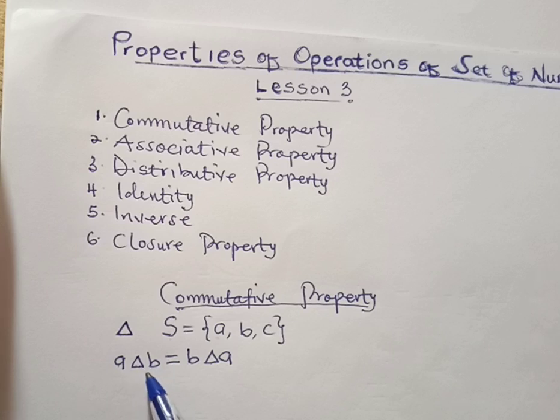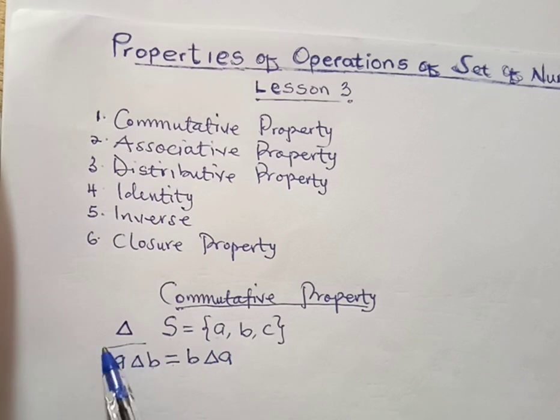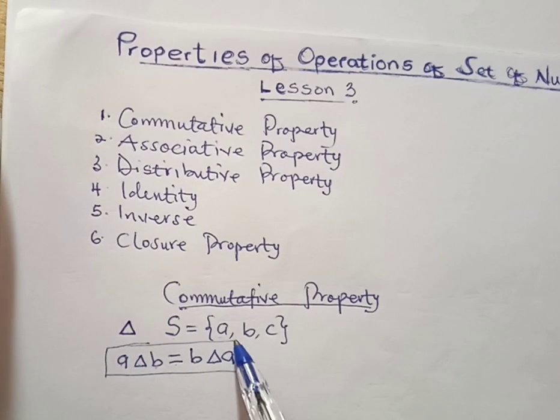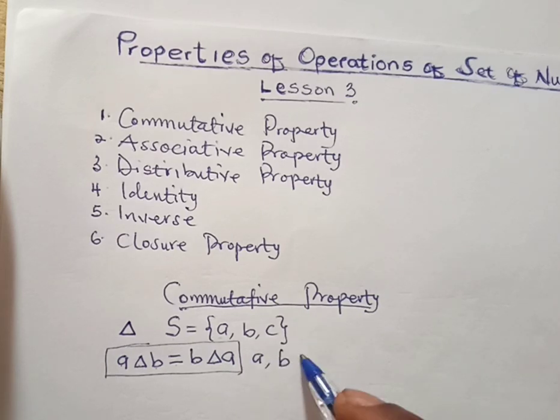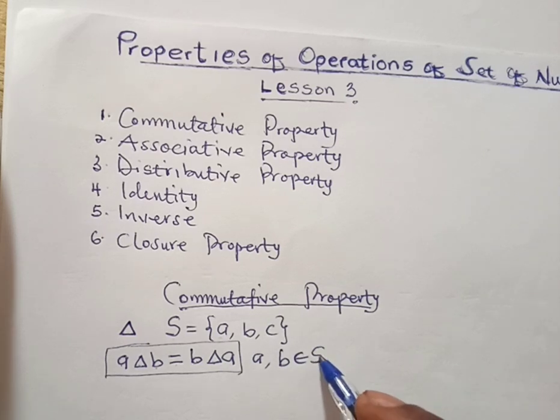There's commutativity if and only if A operation B is equal to B operation A. This is the definition for commutativity, provided A and B are all members of set S.